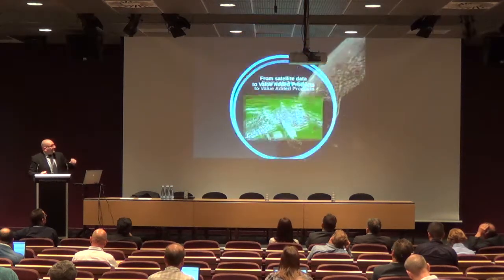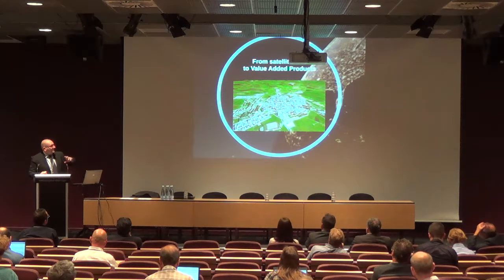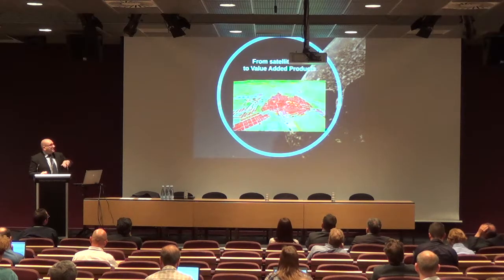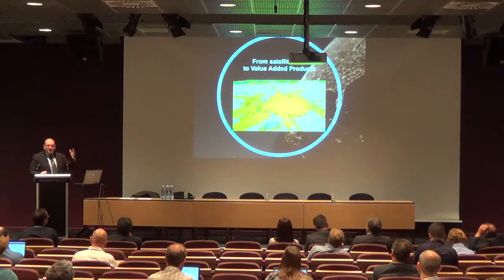From those data, we can extract information, the so-called value-added products, that can be ortho images, but also information about buildings, roads, land use, and some interesting information like the impermeabilization of the soil. We call this the sealing, so the part of the soil that cannot be penetrated by the water.